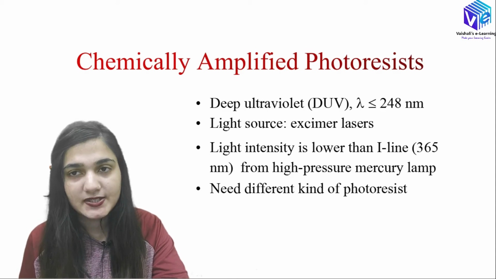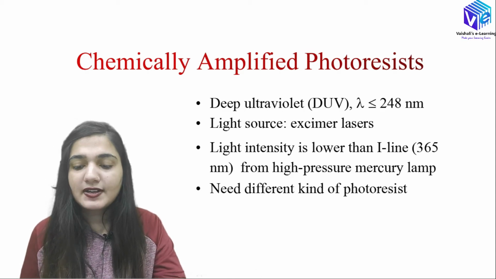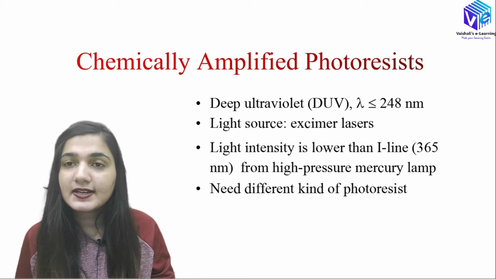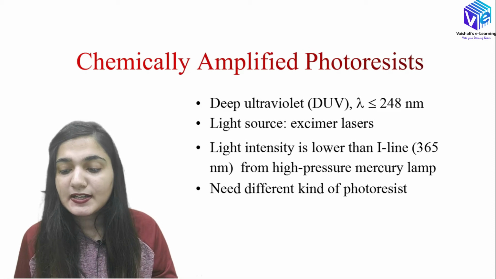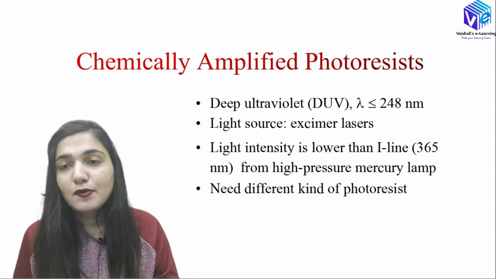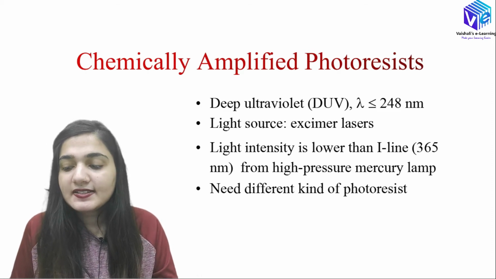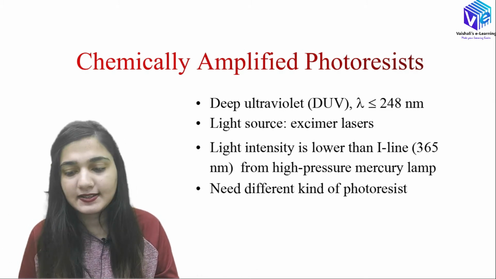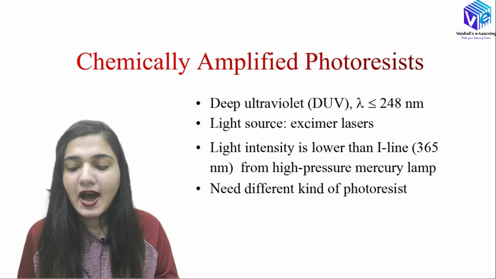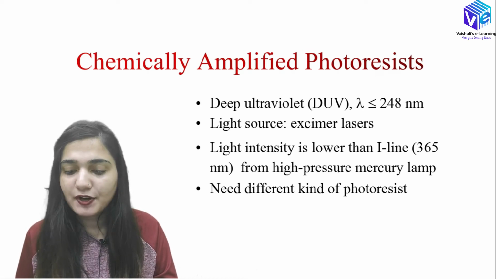This lambda represents the wavelength. So here we can use the excimer lasers as the light source, and you can see the light wavelength is lower than the I-line. So what is I-line? I-line is 365 nanometer. We can use light lesser than that, whereas for I-line we can use the high pressure mercury lamp.